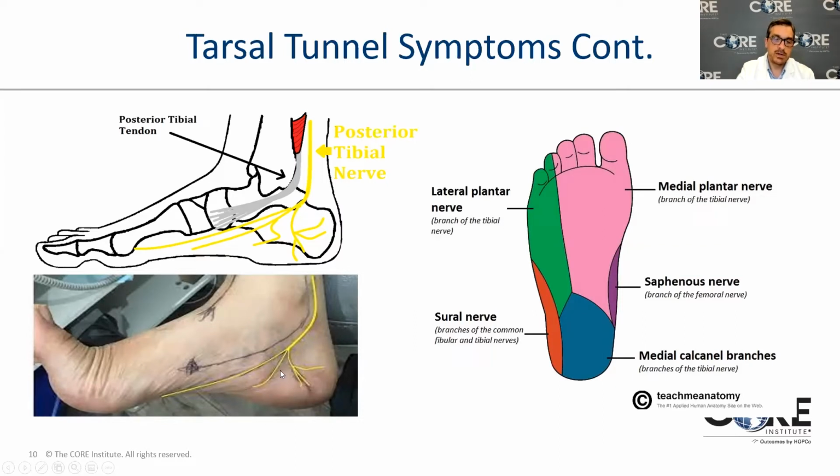You can see these nerve branches right here, which correlates to this blue area, and that can cause heel pain. But again, a person can experience pain into their arch and into their toes, depending on which portion of the nerve is irritated.